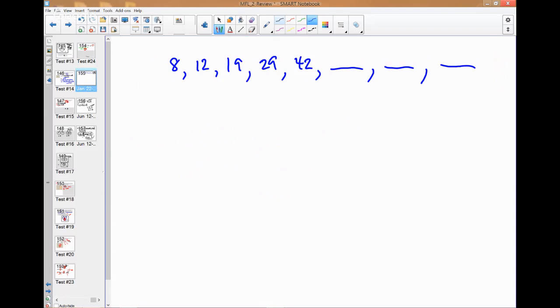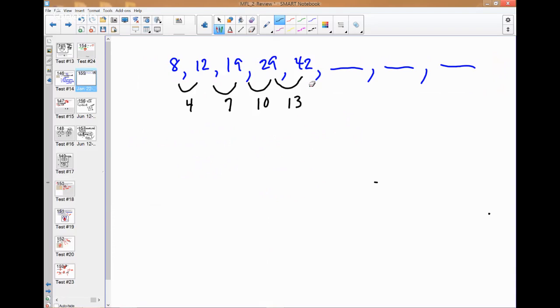Hopefully you're thinking we would use the method of differences, right? 12 minus 8 is 4. 19 minus 12 is 7. 29 minus 19 is 10. 42 minus 29 is 13. Do you see a pattern? Yeah, each of these differences goes up by 3.